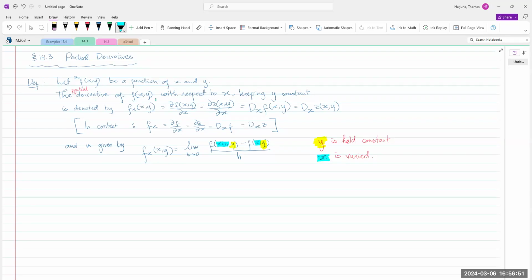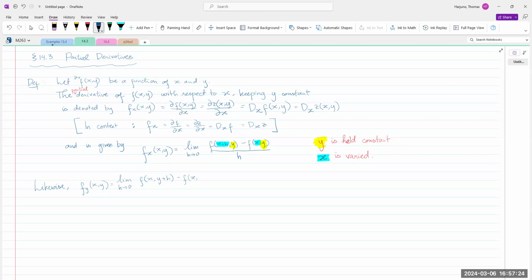Okay, now likewise, the partial derivative of the function with respect to y is the limit as h goes to 0 of f of x, y plus h, over h. So you see I hold the x constant right now.